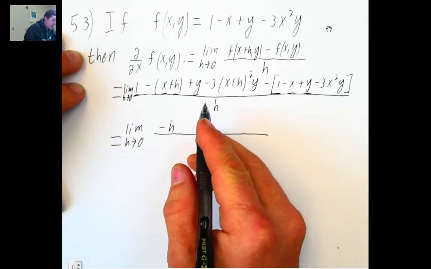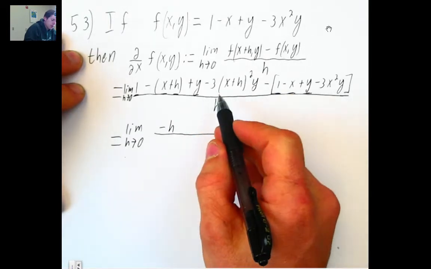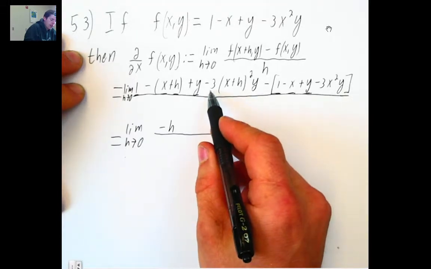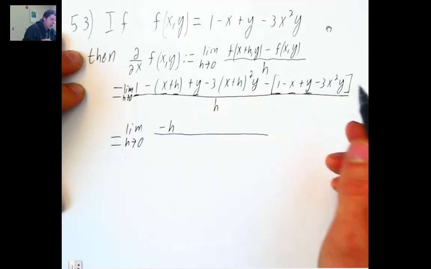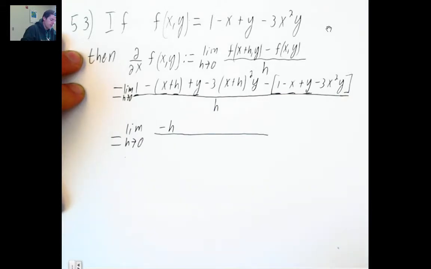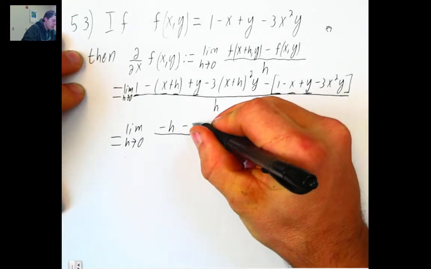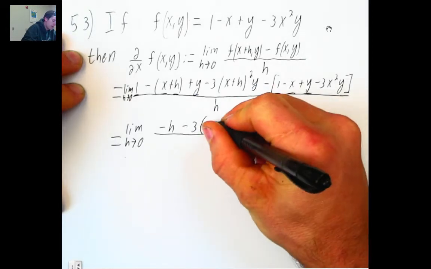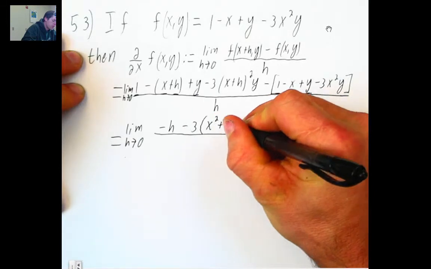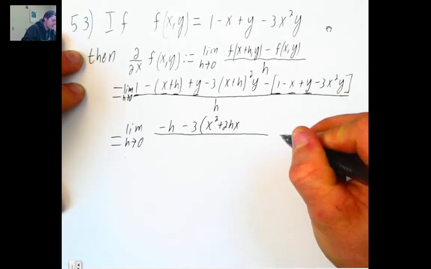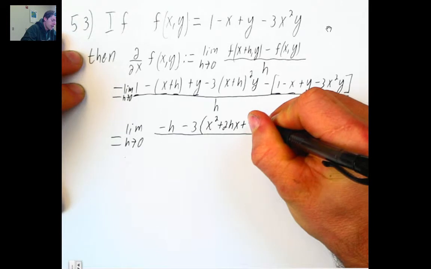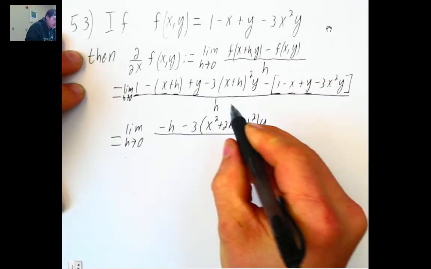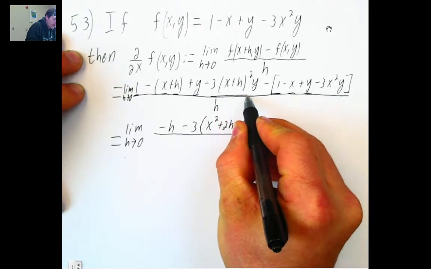And then what do we have? A minus 3x squared. Okay, so I need to think about whether or not this and this get rid of each other. I'm going to be careful. I'm going to write minus 3, and then instead of (x plus h) squared, I'm going to write x squared plus 2hx plus h squared, times y. Okay, so now I've written all of that out.